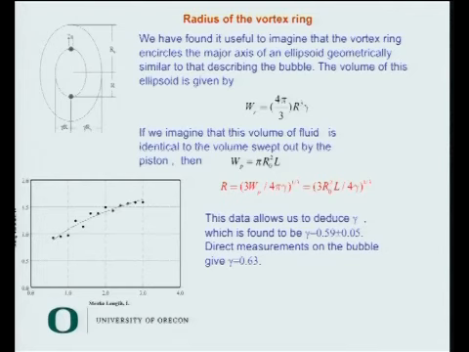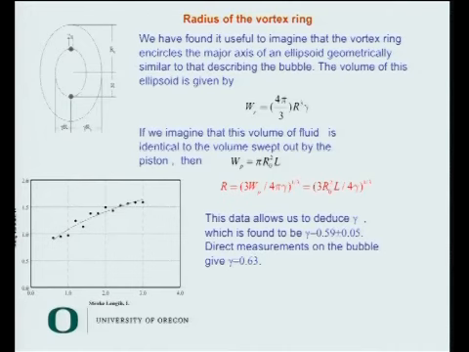So you have the bubble, which is an ellipsoid, but I just imagine that there must be a fictitious ellipsoid inside that goes through the core of the vortex. And the question is how much water would be in that? Well, it must have something to do with the amount of water shoved out of the piston.